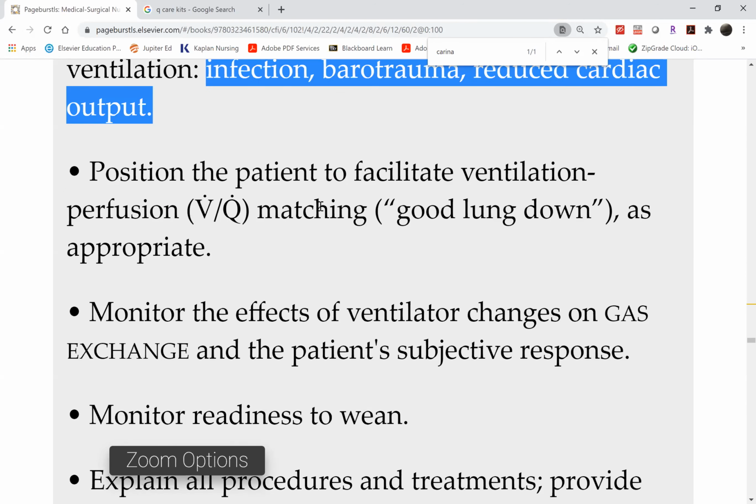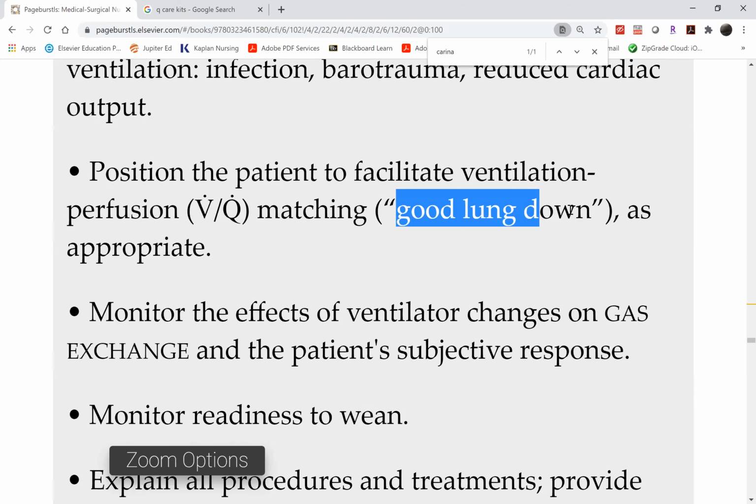As far as positioning the patient, with ARDS, the current best practice is to put them prone. So we put the patient on their belly. I'll show you later how to do that. Otherwise, when we're turning them side to side, we always favor the good lung down.